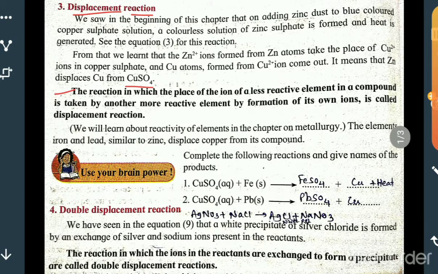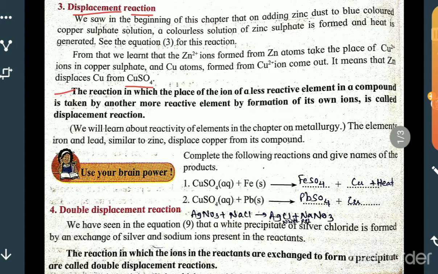We will learn about reactivity of elements in the chapter on metallurgy. The elements iron and lead, similar to zinc, displace copper from its compound. Iron and lead also, like zinc, are more reactive, so they can displace copper from its compound.